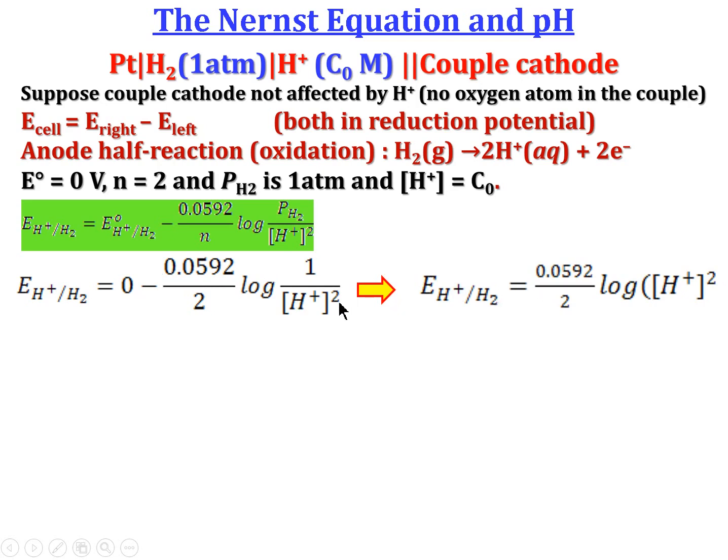If we put the plus instead of minus, we have to invert the order of red and ox. So E(H+/H2) equals plus 0.0592 divided by 2 log [H+] squared divided by 1.